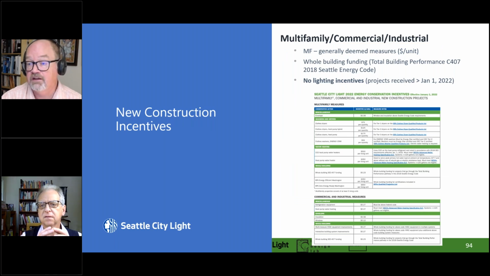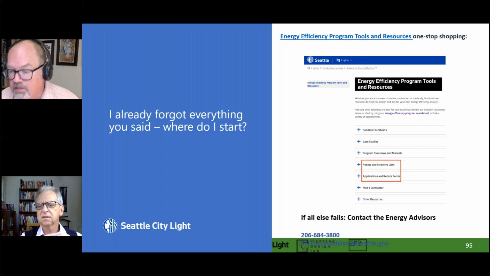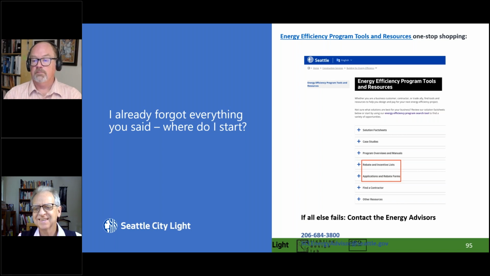And there are, in fact, some new construction incentives as well. I would suggest that we don't have the time or the personnel to go through these right now, but if you go to the final slide of this set, to contact the energy advisors, and apologies, the energy advisor email at the bottom got cut off a little bit there.